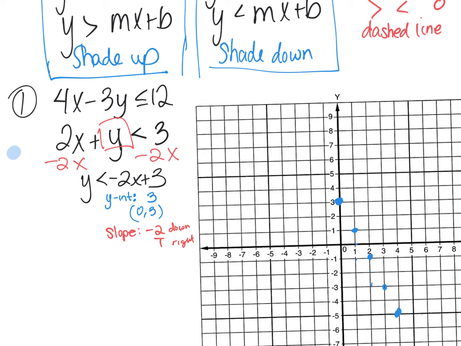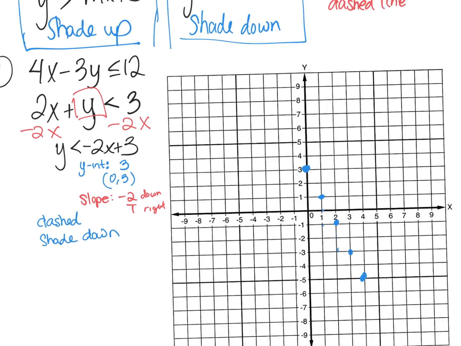Will this be solid or dashed? The equation is just less than, so will it be solid or dashed? It will be dashed. And am I going to shade up or down for less than? Down.